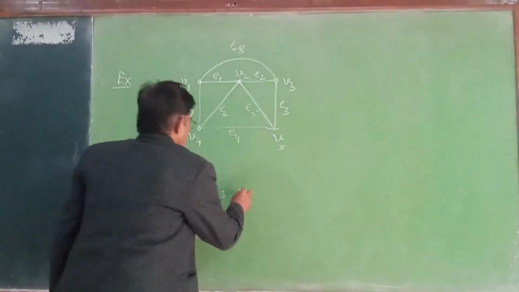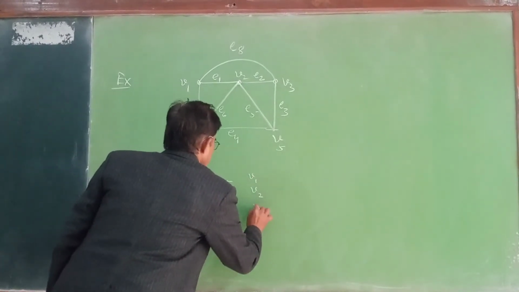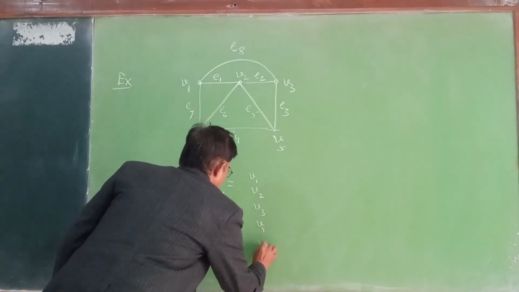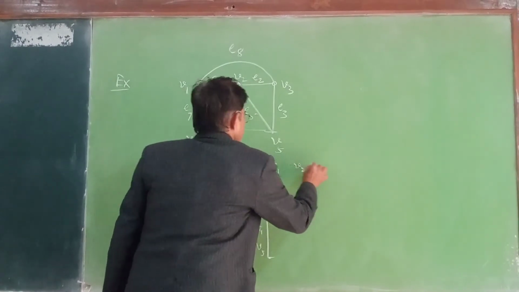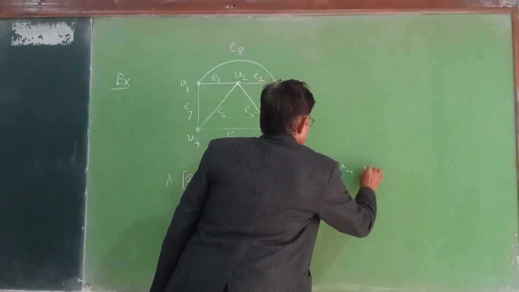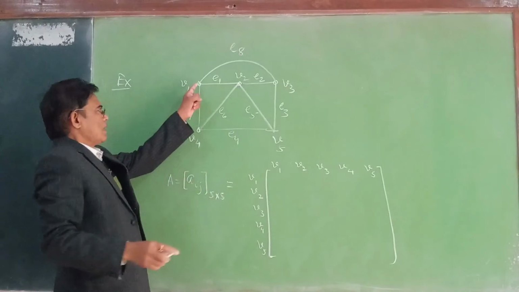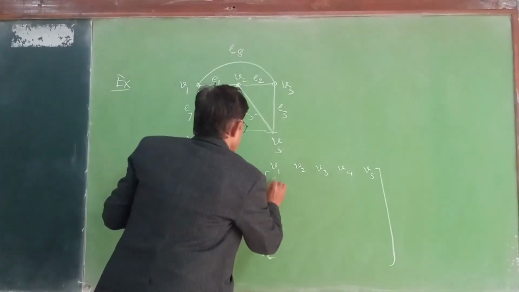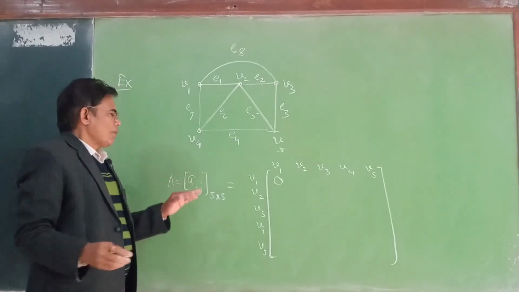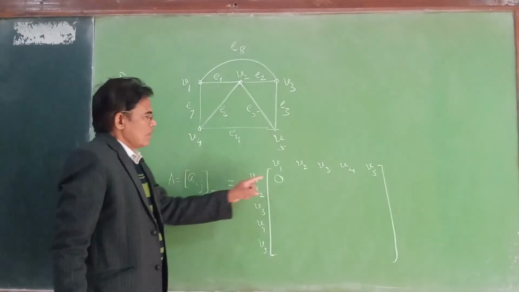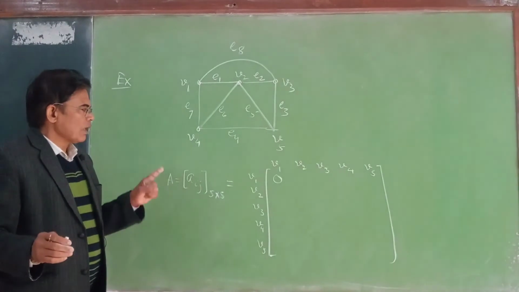So first we write the vertices V1, V2, V3, V4, V5 along the top and side. Now V1 has no loop, so the value is 0, because our computer accepts only 0 and 1. So in the matrix there are only 2 entries, 0 and 1. If there is one edge between two vertices, we write 1, otherwise 0.